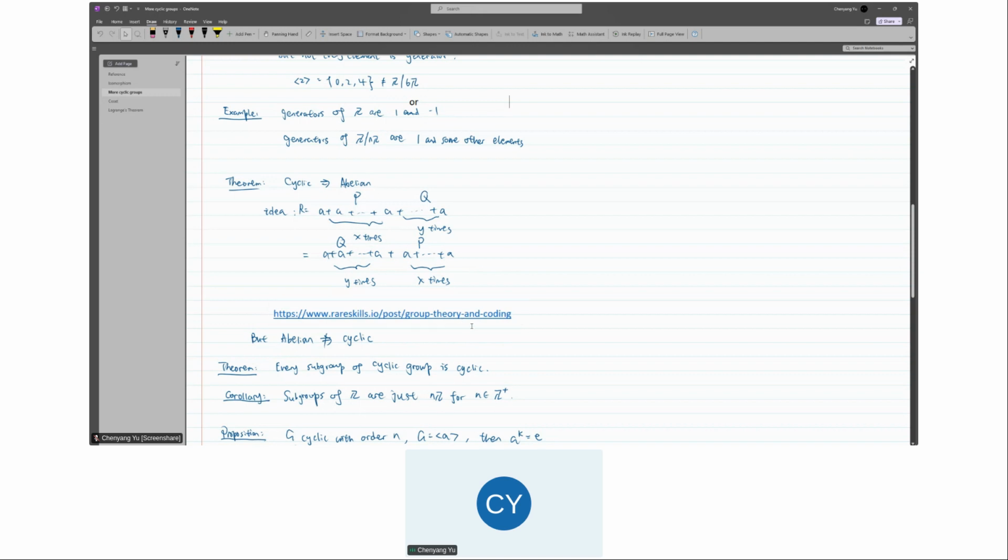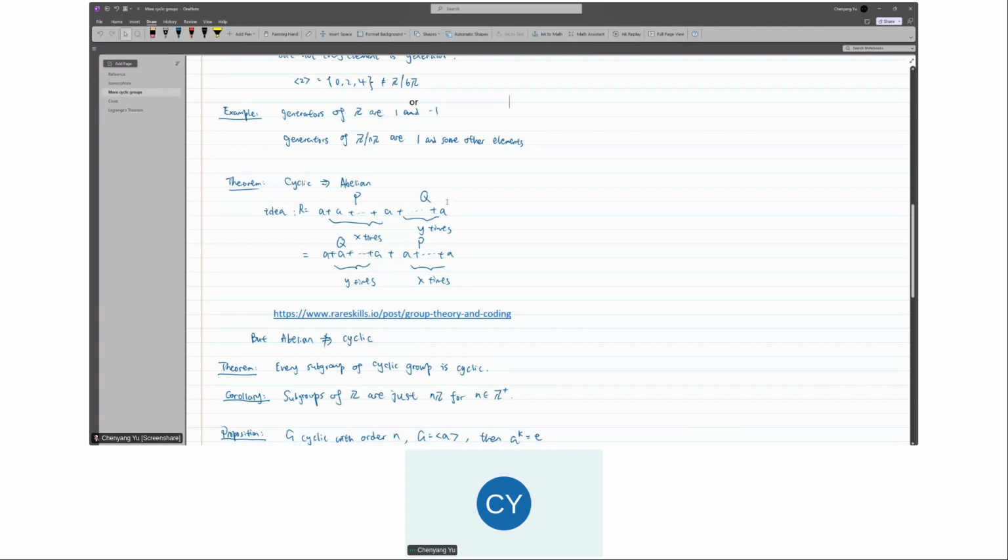I got this idea from the ZK book, okay? So the basic idea is, for example, say we work with addition. Pick some element R. Because it's a cyclic group, it can be represented by P plus Q. So P is A, keep adding A for X times, and Q is keep adding A for Y times.